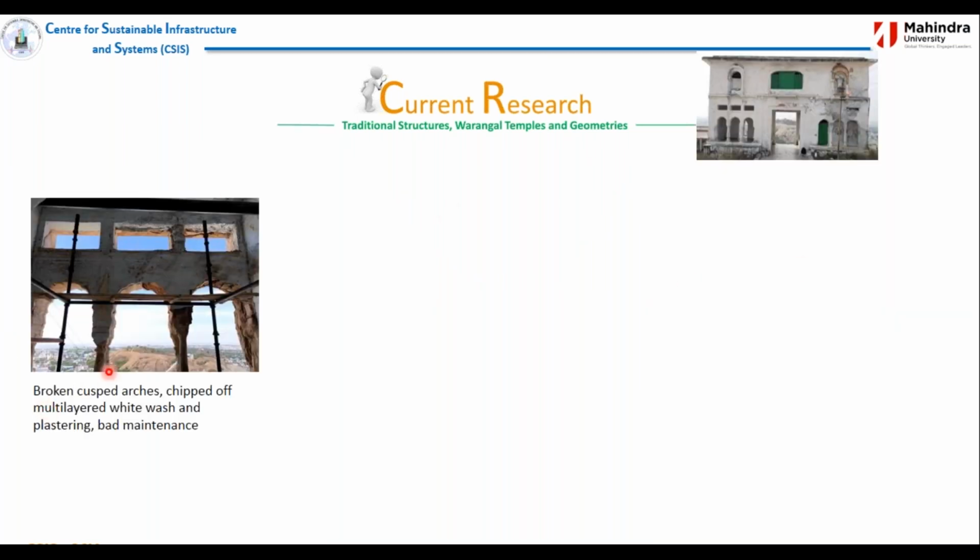And here you can see all the broken parts, and there was no maintenance at all. In fact, there is bad maintenance here, but there is completely no maintenance. This was completely built with granite stone and plastered with lime and red mud, not with sand. And the thickness of that lime was almost 50 to 75 mm.